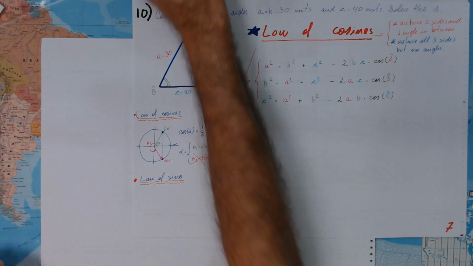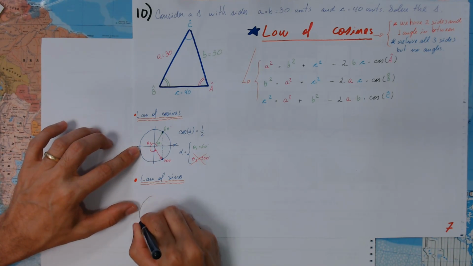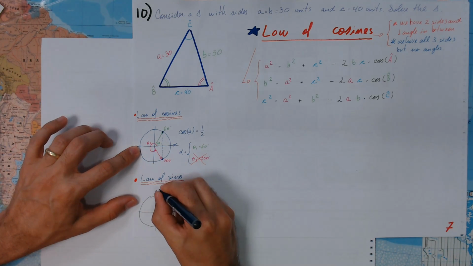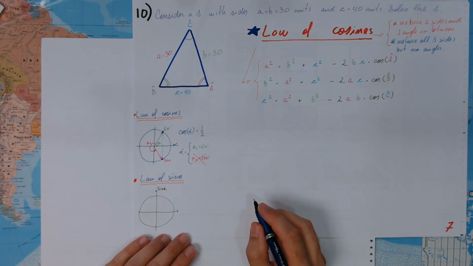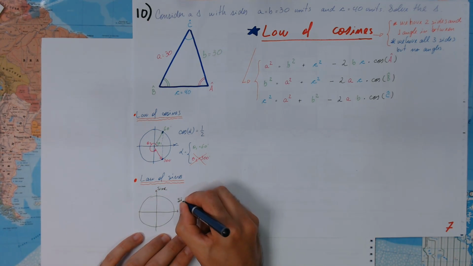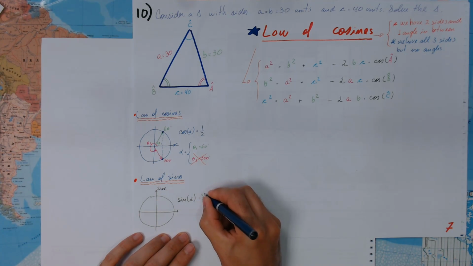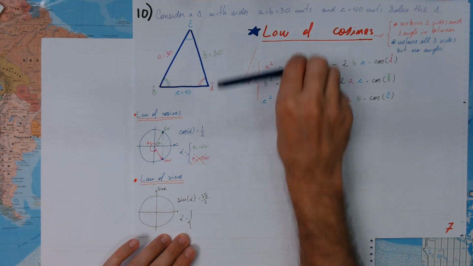When you're using the law of sines, things get a little bit more messy. This is going to be the sine. Now let's suppose we have sine alpha, and let's suppose it is square root of 3 divided by 2. Therefore, our alpha is going to be what?